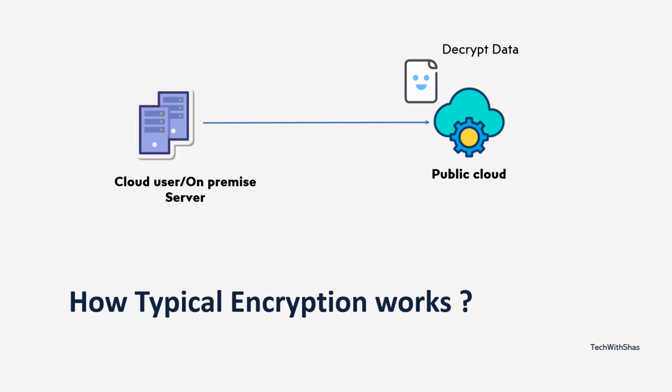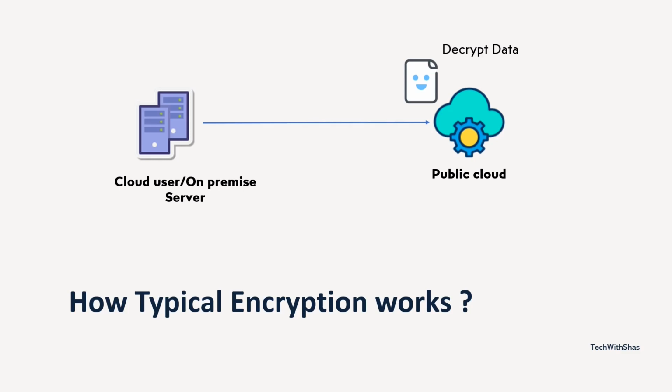These are the typical scenarios where we are encrypting data while sending it, but during processing time it is not encrypted, because it's not possible to process the data in encrypted form.